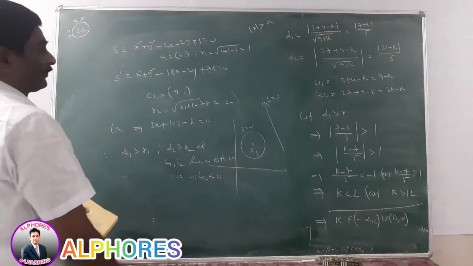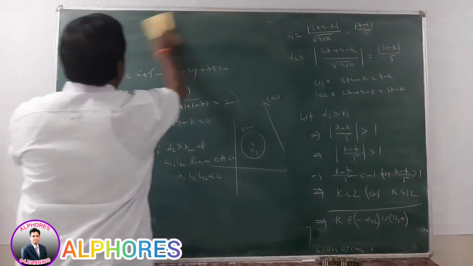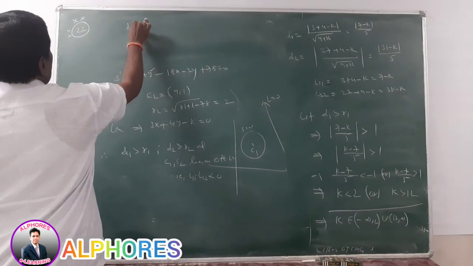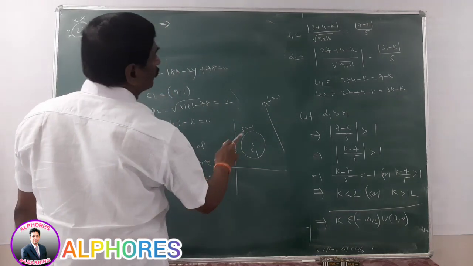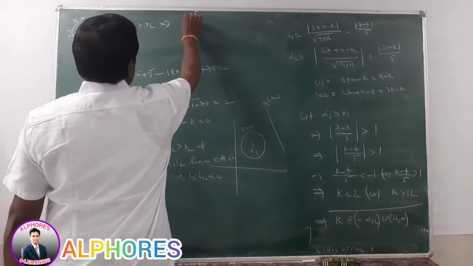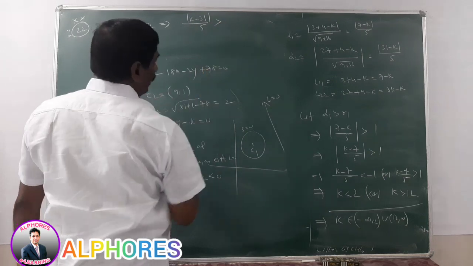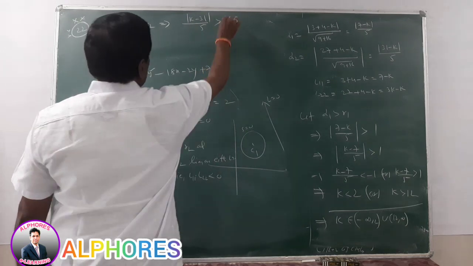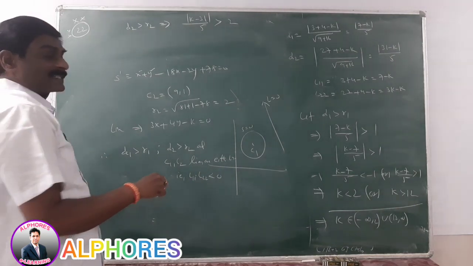In the second case, D2 greater than R2. What is the value of D2? D2 is equal to mod of 31 minus k by 5, multiplying by minus, k minus 31 by 5 is greater than R2. R2 means 2. Mod x greater than a means x does not lie between minus a and plus a.